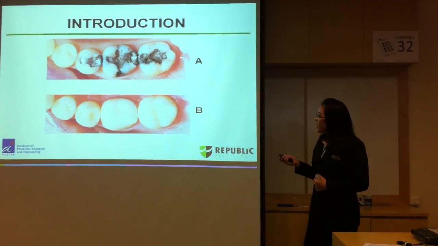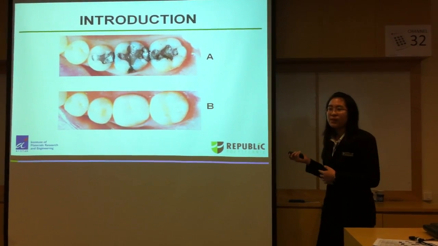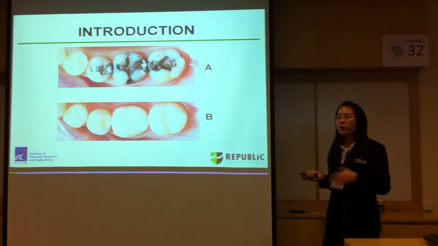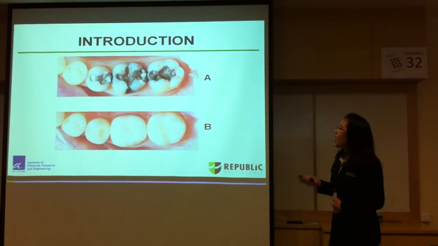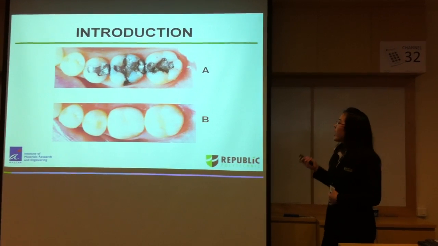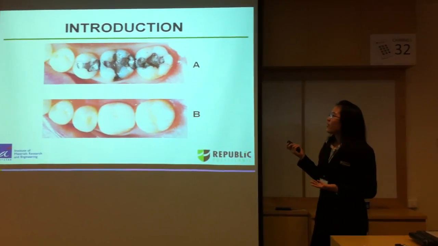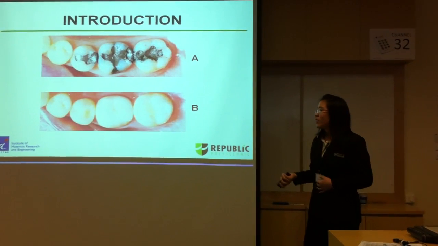Compared to B, it does not look to me that it actually has a dental filling, as it has similar aesthetic properties to our actual teeth. And hence, if you are given a choice, which one would you want to choose? A or B? Definitely B, right? Because you don't want to have A inside your mouth, which makes you look beyond your age.